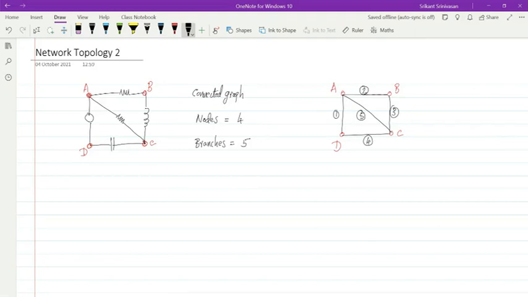So can you define what would be a tree in this graph? What is a tree? What was the definition of tree?